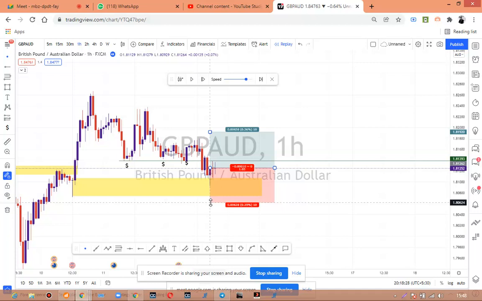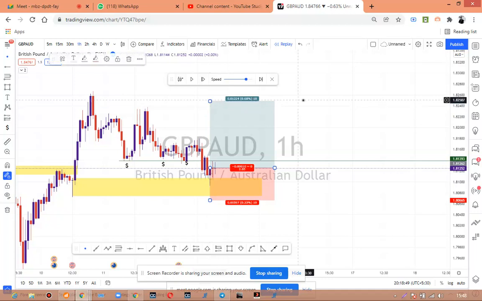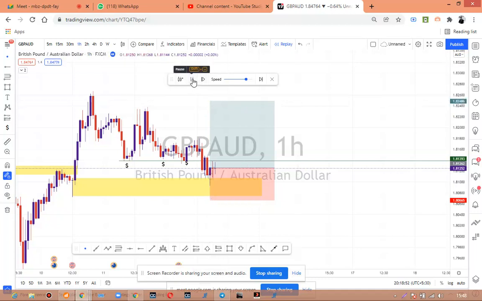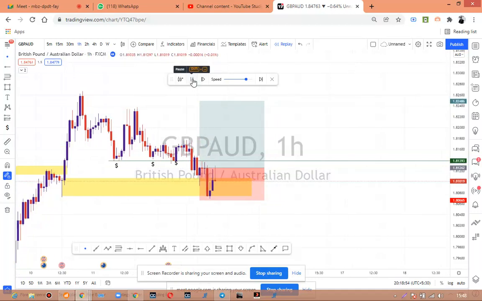I want to take like five trades, then let's see how many wins we're going to have and how many losses. So let's say stop loss below structure and take profit 1 to 2 risk reward ratio. This is 1 to 2 risk reward ratio. So let's play out and see how the market moves.